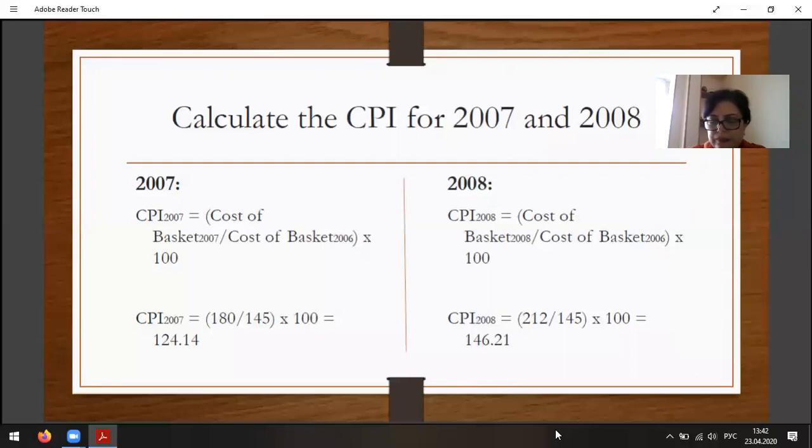And obviously, we can calculate, those are not so hard calculations. And finally, the value of index for 2008 is 146.21.